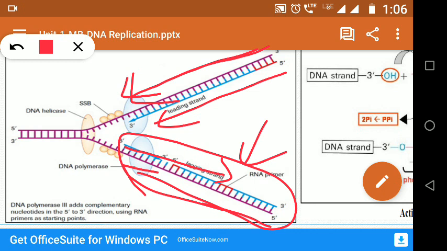So for that it will loop the lagging strand template, and because of that looping, only short stretches of DNA molecules will be synthesized.